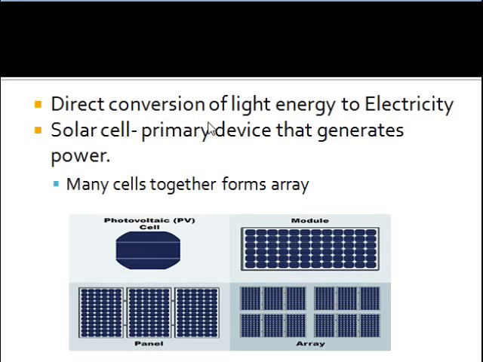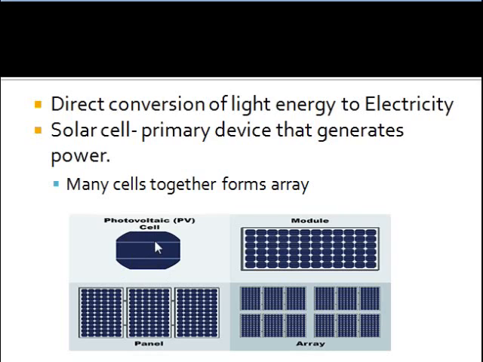Here we can see that direct conversion of light energy into electricity is the principle of the solar PV cell. These PV cells will directly convert light into electricity. The primary device which generates the power is called the solar cell.